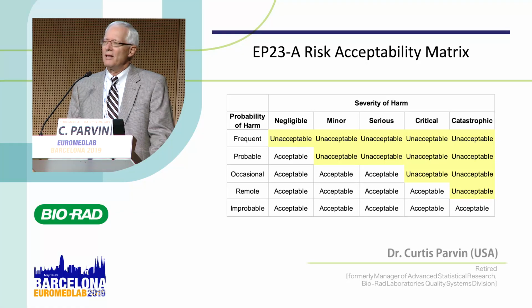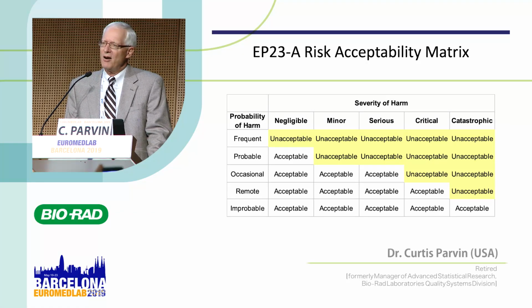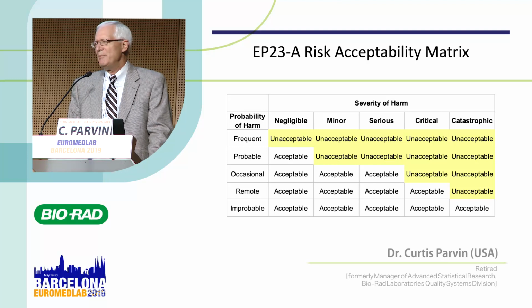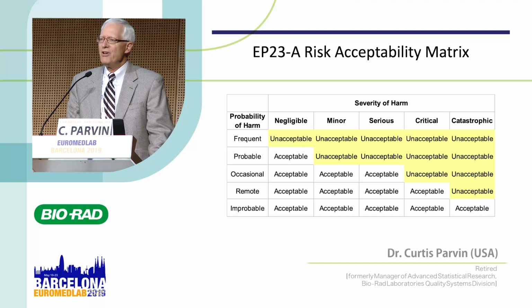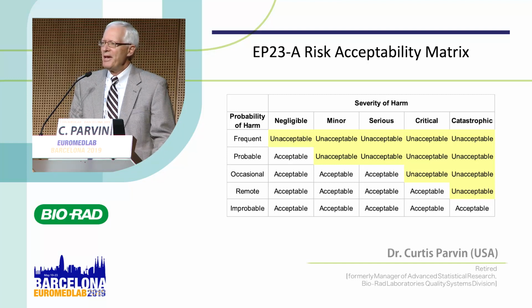Once the laboratory has made an assessment of the probability of occurrence of harm and the severity of harm for a particular measurement procedure, then a risk acceptability matrix is used to determine what is an acceptable risk to the patient. The general idea here being that the more severe the harm to the patient, the lower the probability of occurrence of harm must be in order to be acceptable.